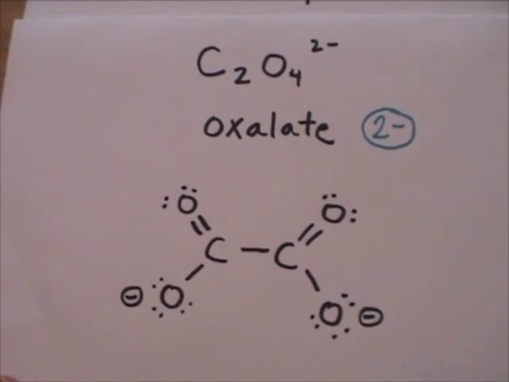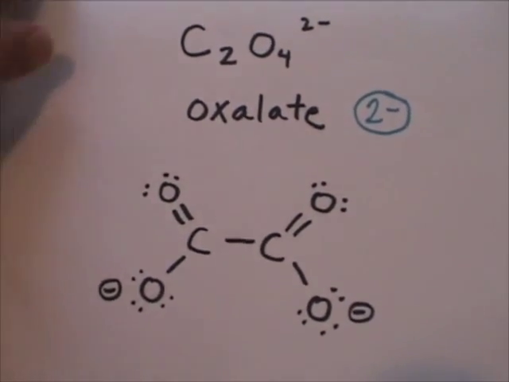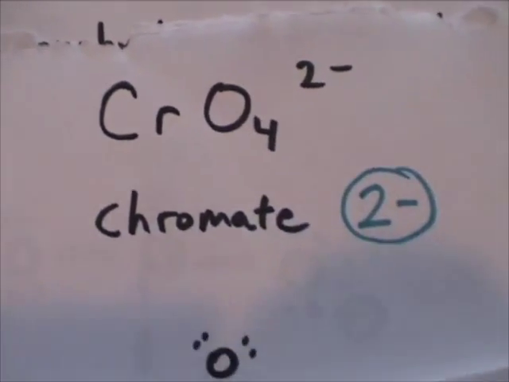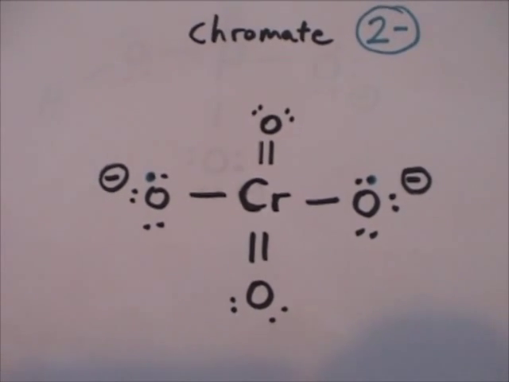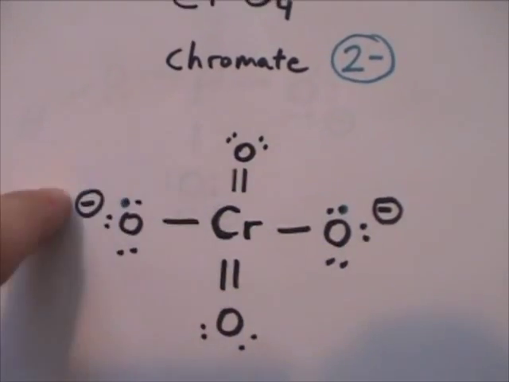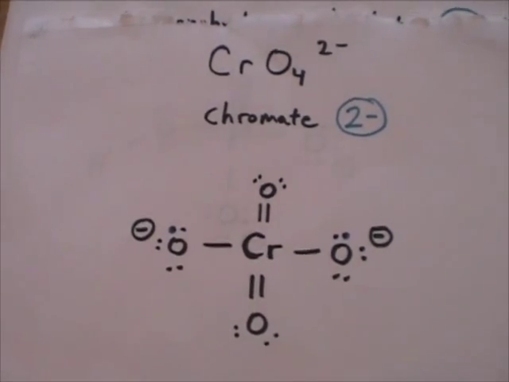Here's the structure for oxalate. CrO4 2-. Chromate. It has gained 2 electrons, 1, 2, so it has an overall -2 charge. CrO4 2-, chromate.